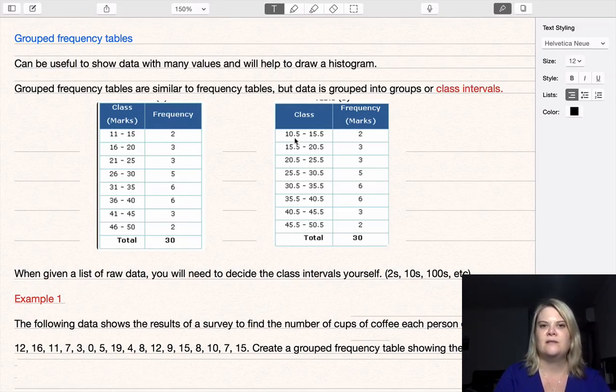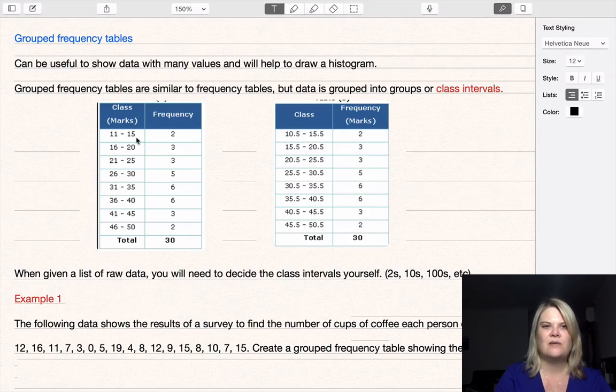If you had slightly different data, like this second table, maybe it's still marks for a test, but you could get half marks. If there are half marks involved, it's really important to decide where the frequency class intervals start and end.